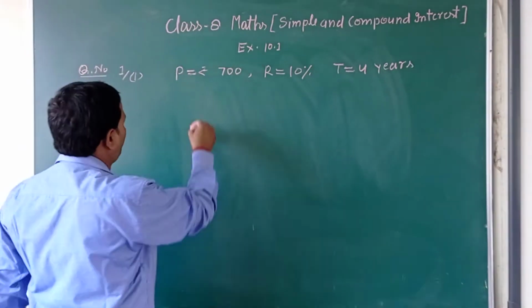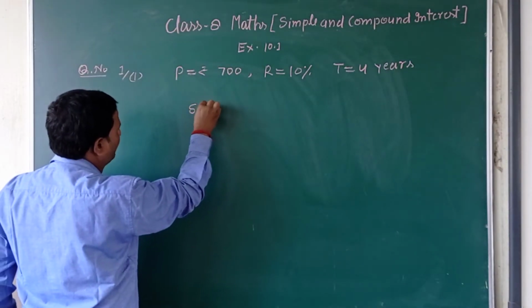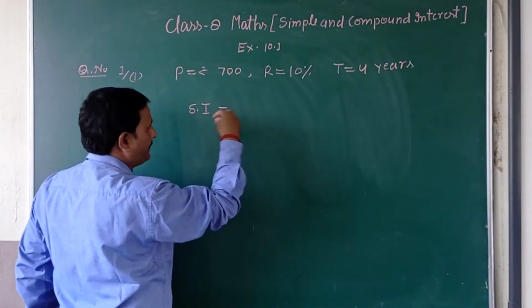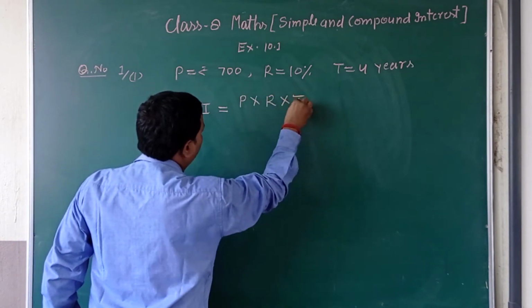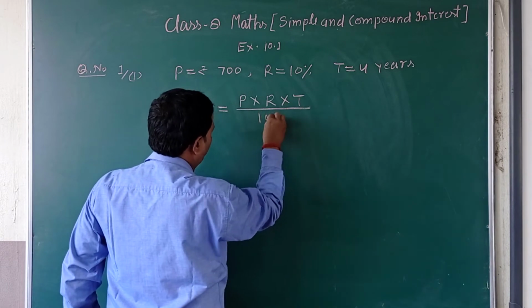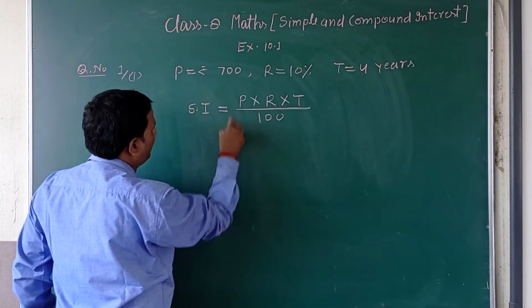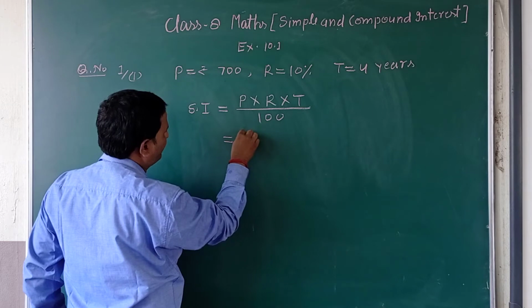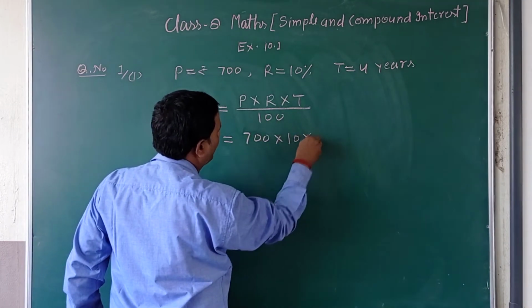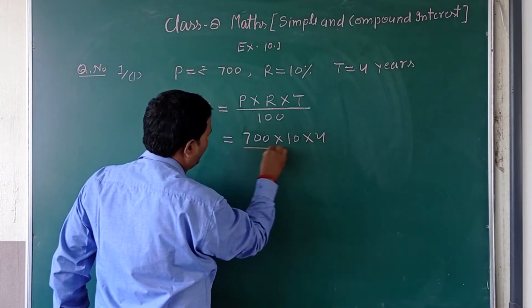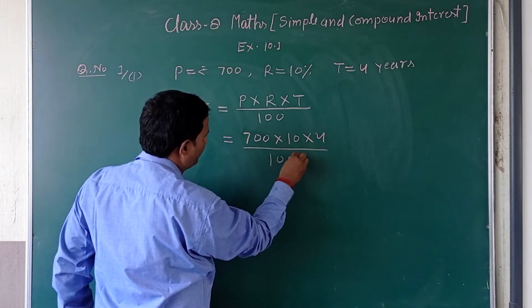Now, simple interest is equal to, first you mention the formula, P into R into T by 100. Principal given rupees 700, rate 10%, time 4 years, divided by 100.